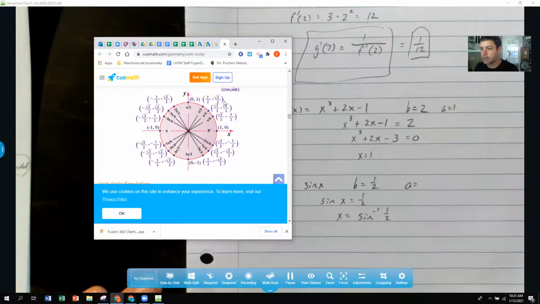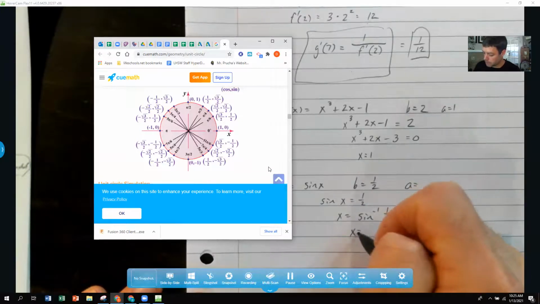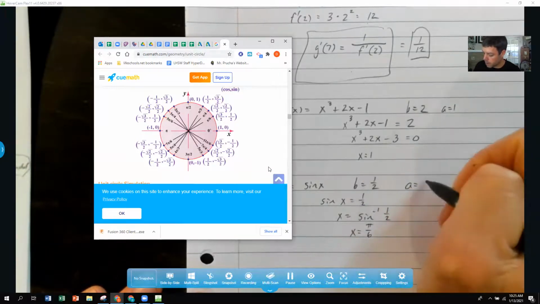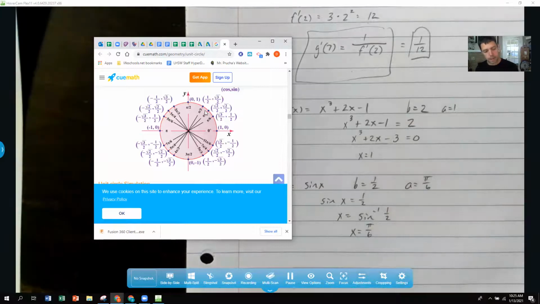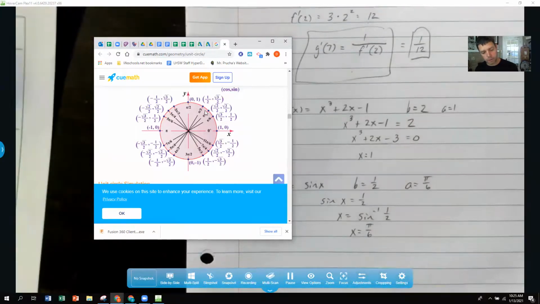Right here at pi over 6. So x equals pi over 6, or a equals pi over 6. Then I'll let you finish that up from there. You have to take the derivative, plug in a, and then put 1 over that. Basic steps. 5, 7, and 9 are pretty straightforward.